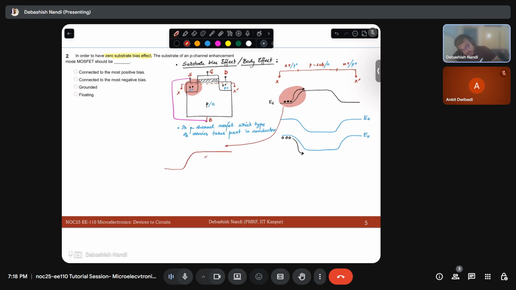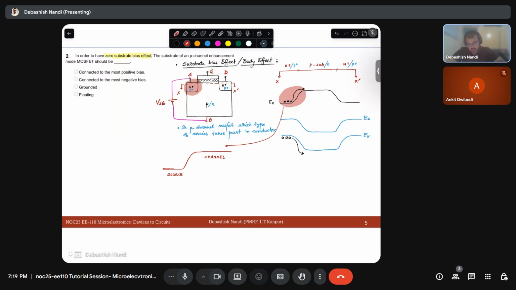So this is basically your channel. Channel is when it is formed, but I will use this term very loosely. This is basically the p-type substrate even when there is a barrier, and this is your source. Now assume that you have a potential, that is your VSB, connected between these two terminals, right?